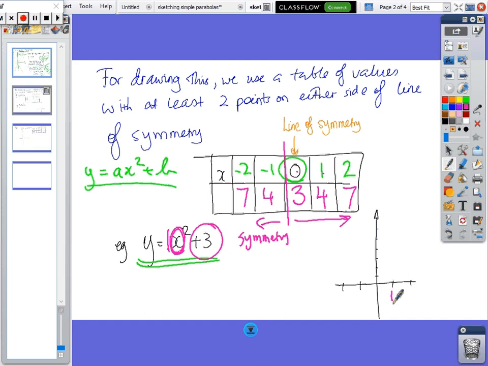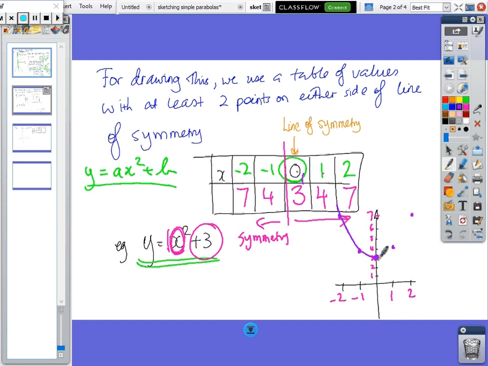So I've got 1, 2, minus 1, minus 2, 1, 2, 3, 4, 5, 6. Okay, I need one more value, 7. And now it's just a plotting exercise. So 0, 3 is there, 1, 4, minus 1, 4, 2, 7, minus 2, 7.